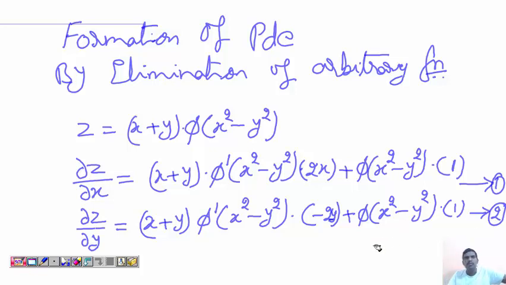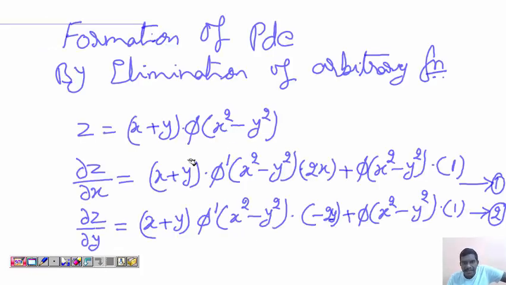By using these two equations, we have to eliminate the arbitrary function phi of x square minus y square, and we form the relation with only the partial derivatives and the variables. For this here, let us say one relation here.